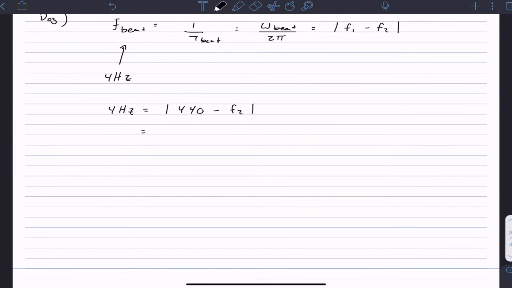Remember, this is the absolute difference in the two, so we could also do this. That means 4 plus 440 hertz is 444 hertz. That was the frequency of the mistuned string.